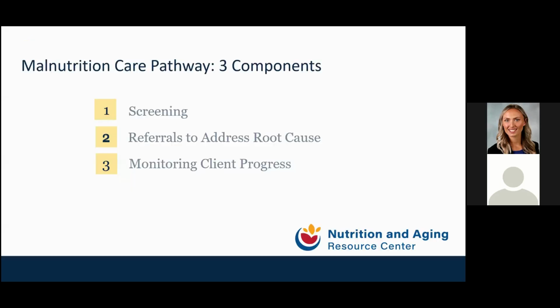Next slide, please. So the malnutrition pathway, there are three components: the screening, referrals to address root cause, and the third, monitoring client progress. We are all living for almost 3 years now in the era of COVID, as I call it, right? If malnutrition and screening for malnutrition and addressing it was important before COVID, it is even more important.